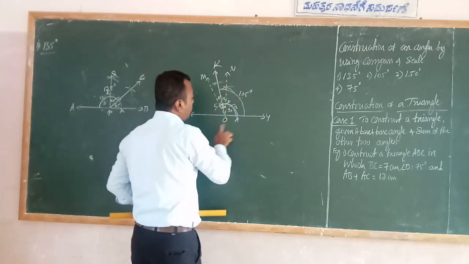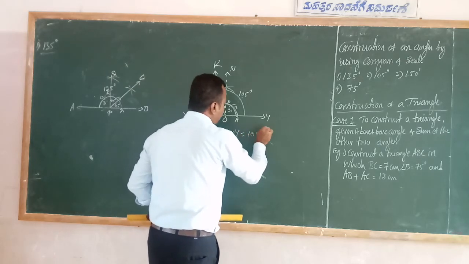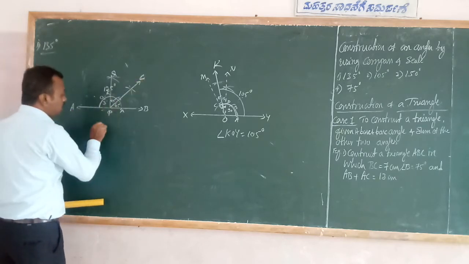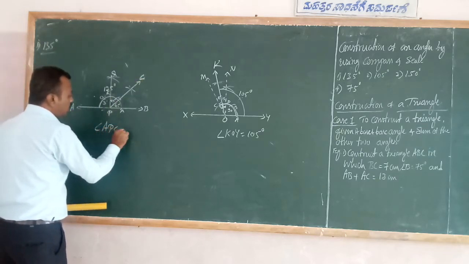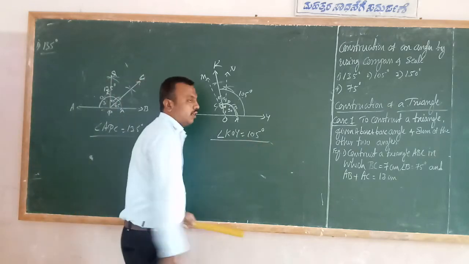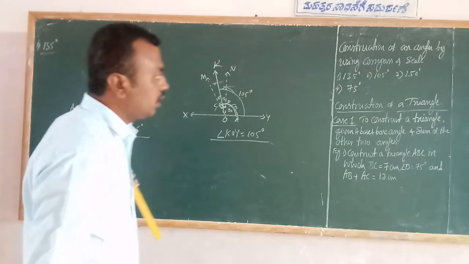Angle KOY is 105 degree. Understood? So here angle APC is 135 degree. You have to mark it. Do you understand how to construct the angle 105 degree and 135 degree?